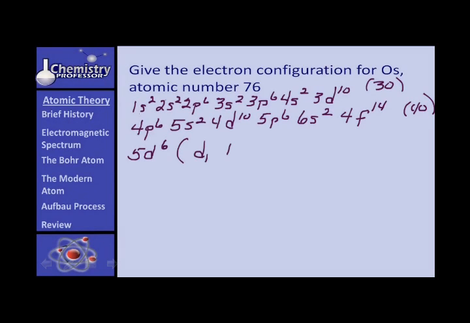The d1, the d2, the d3, the d4, and the d5? Well, we put 1 in each of these, 1, 2, 3, 4, 5, and come back and put a second one here. And that gives us the configuration. This one is spin paired, and these others are not spin paired, and that's the electron configuration.